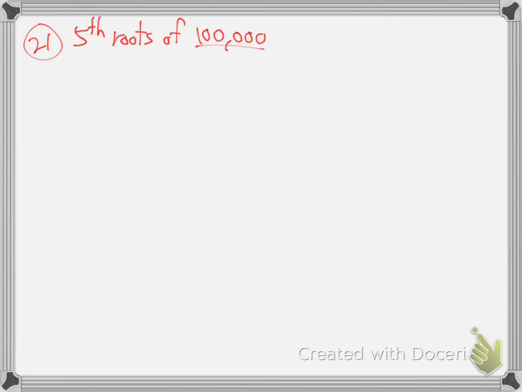So they want the fifth roots of 100,000. So you know what the first step is now? Here's the plan. And it's a long, terrible plan. Step 1, change to polar. You see, you have to have angles. This whole de Moivre theorem has got to be in polar form. So change to polar.